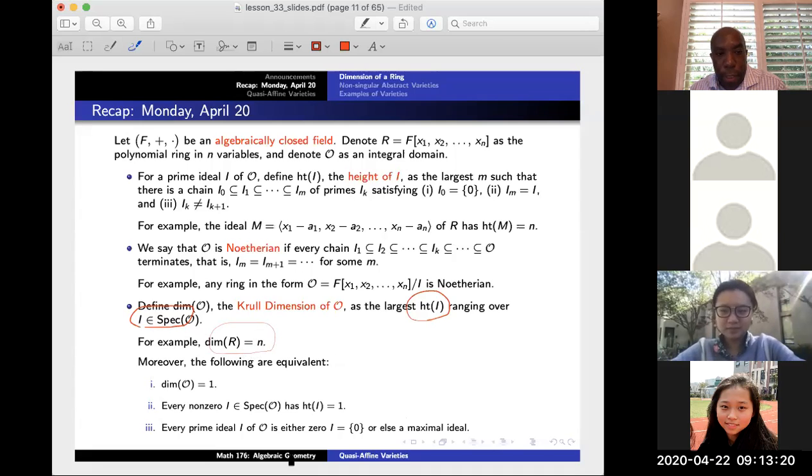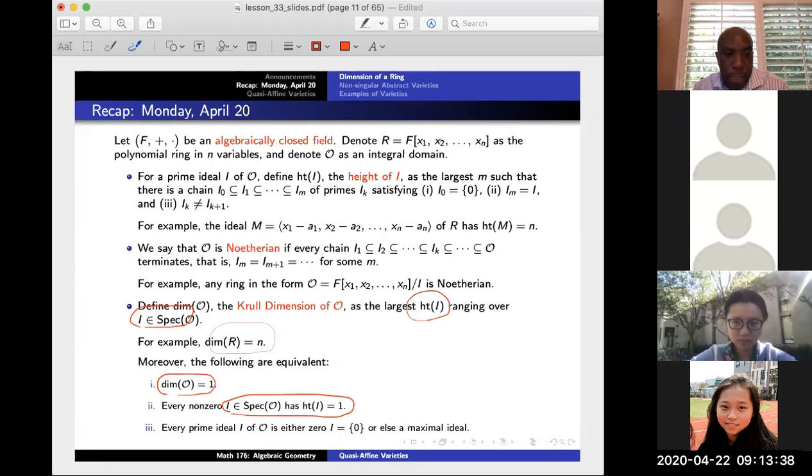And just put this out there because we'll use this a little bit later. There are three different, equivalent ways you can think of dimension 1. So dimension 1 is the same thing as saying every non-zero prime ideal has height 1. Remember that it has height 0 if and only if it's the zero ideal. So if every non-zero prime ideal has height 1, we'll say that our ring has dimension 1.